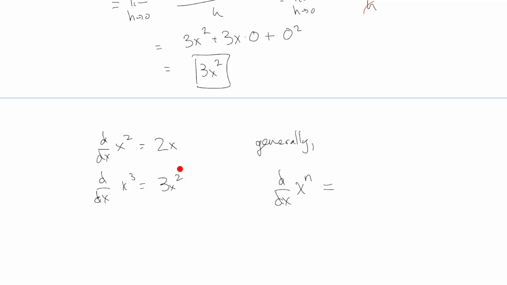You decrease the power by 1. And that's the new exponent. So if I were to write this as a formula, it looks like x to the n, when you take the derivative, becomes n times x to the power n minus 1. The old exponent becomes the coefficient, and the new exponent is just the original one reduced by 1.